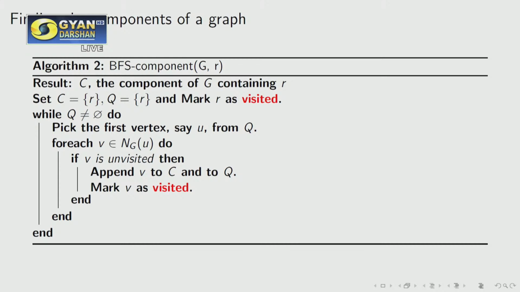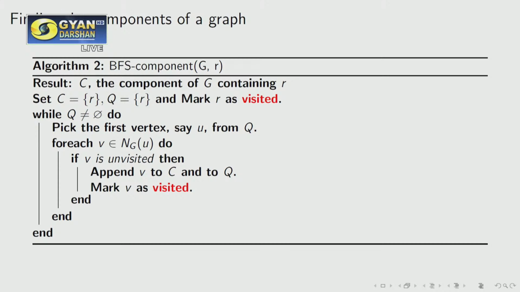One of the very first things that we do while finding the components of a graph is to select a root vertex, and then from that vertex we explore all the vertices which are reachable from it. So if your root vertex is R, then we explore all the vertices reachable from R.